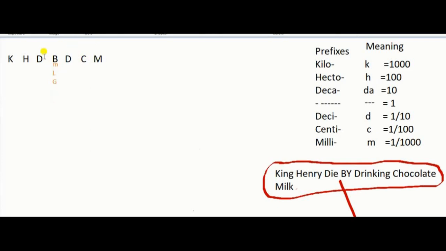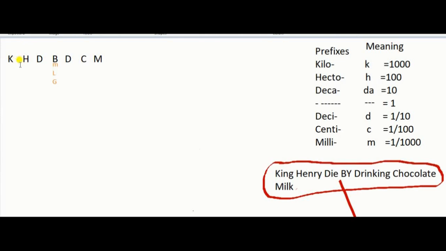So this works just like the decimal system where we use place value, right? So King Henry died by drinking chocolate milk is very easy to remember. So we're going to use that abbreviation to remember what these letters stand for.